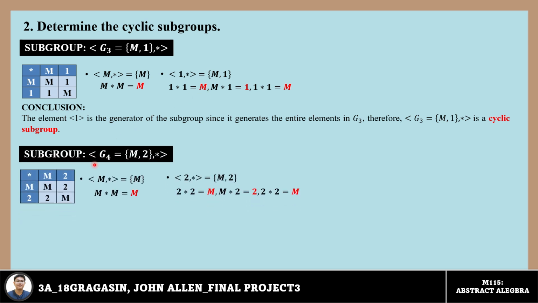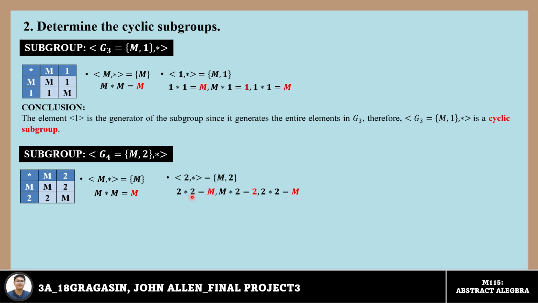Next, we have here G sub 4 with elements M and 2 under the binary operation star. Since element M doesn't generate the entire set in the subgroup, it is not a generator. And then we will check if the element 2 generates the entire subgroup G sub 4.